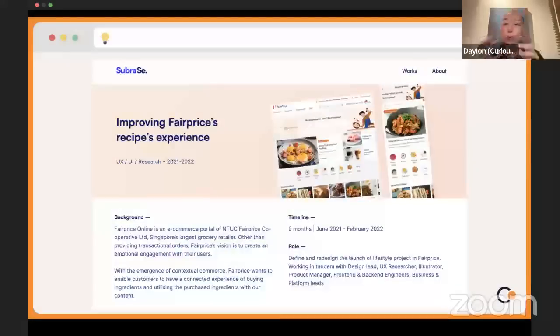Now, to show you an example and to show you that it actually is applicable out there in the world, I'll show you one of the portfolios of a Singaporean product designer. His name is Subra. Subra currently works at Foodpanda as a product designer. If you look at his portfolio, just the particular case study on NTUC FairPrice, which is a local supermarket, you'll see the situation defined really clearly and concisely.